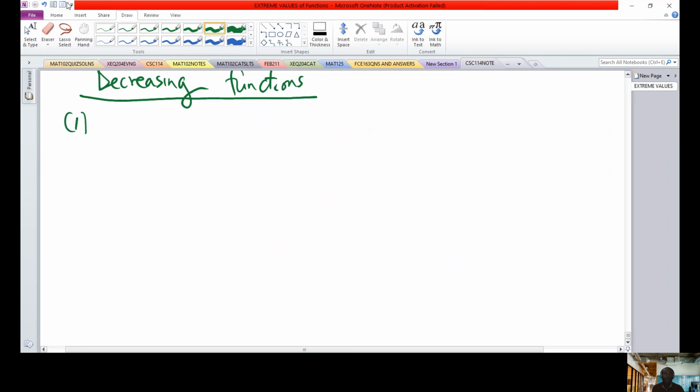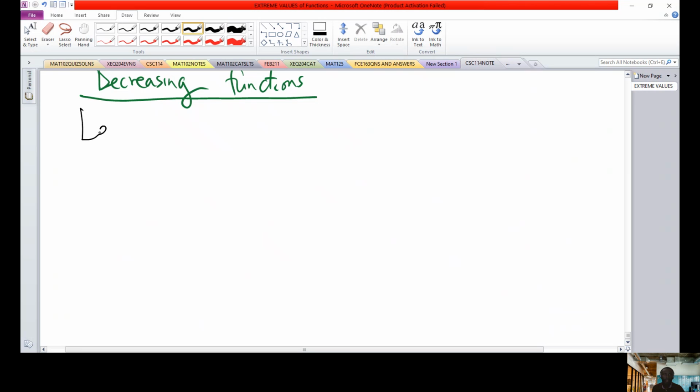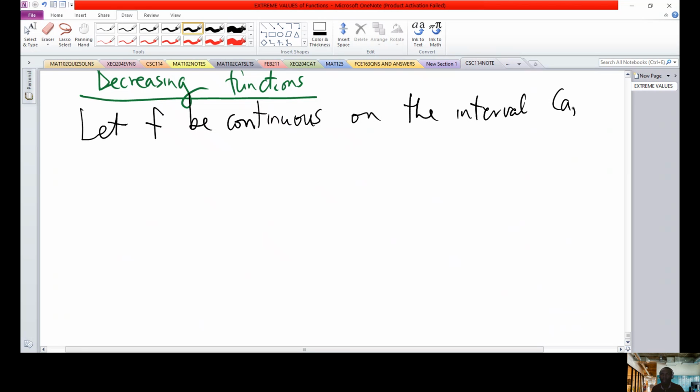So let's give the statement first. Let f be continuous on interval AB.